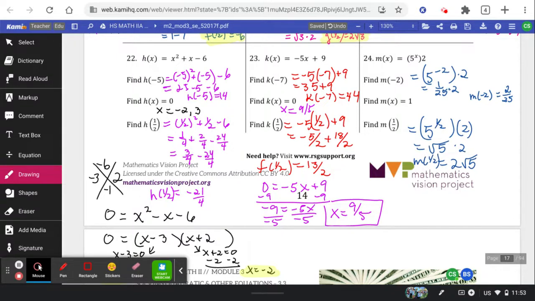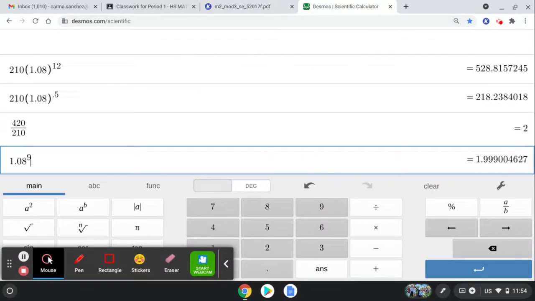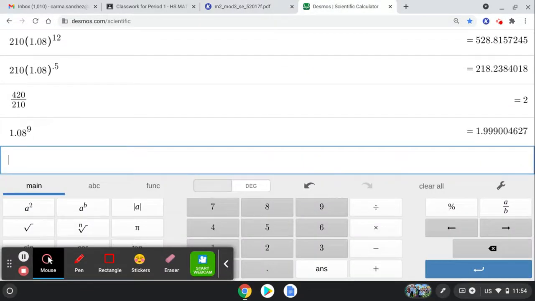And last, we're being given an output of 1. Divide by 2. We're saying 5 to what power would equal 1/2? So again, I don't know how to use logarithms yet. I'm not in Math 3 yet. So I have to just go into Desmos and test this out. 5 to what power would equal 1/2?